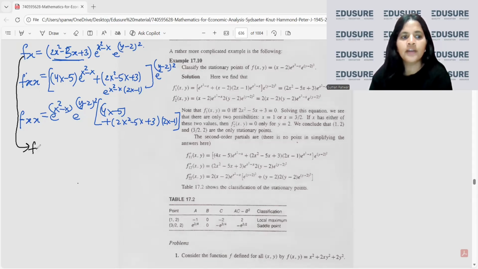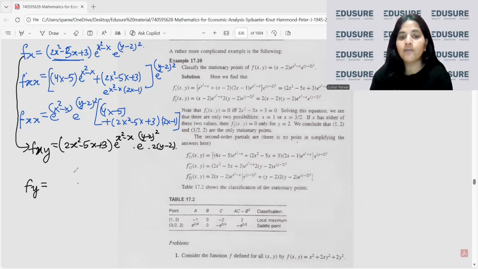Okay. And now let's calculate fxy. So now differentiate with respect to y. That is going to be very easy because everything here is in x, we will only differentiate the y part. Okay. That's it. And now we knew that the first order derivative with respect to y was (2x minus 2)(y minus 2) e raised to the power x square minus x, e raised to the power (y minus 2) whole square.